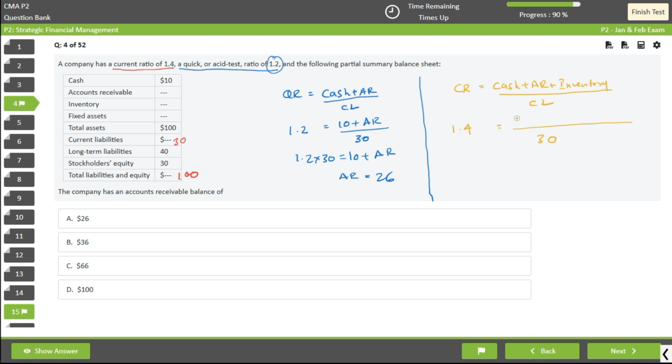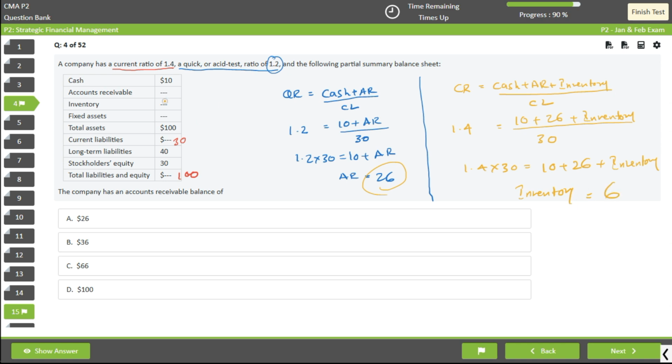The cash is 10 plus AR we found out to be 26. We don't know inventory, so we can find out the value of inventory from here. So 1.4 into 30 is equal to 10 plus 26 plus inventory. By solving this equation, the value of inventory comes to 6.